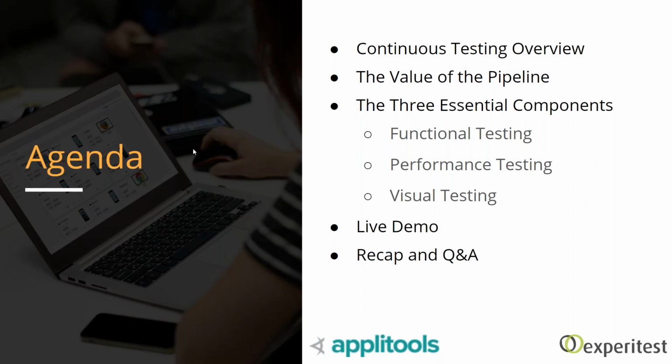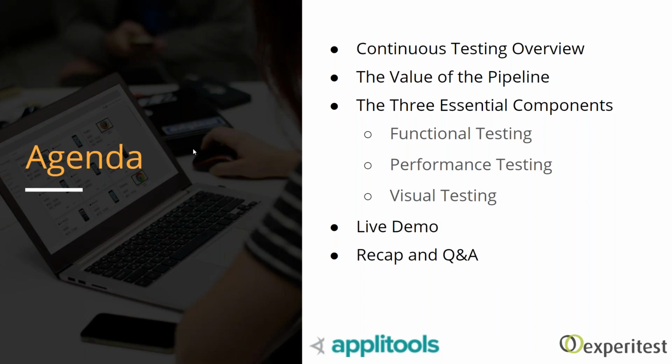Let's jump into the agenda. We'll go into a continuous testing overview and the value of building a solid pipeline. We are going to focus on 3 essential components: functional testing, which is quite obvious, and we will run through it very quickly. Then how to add performance testing into your pipeline and use your functional testing to augment performance.